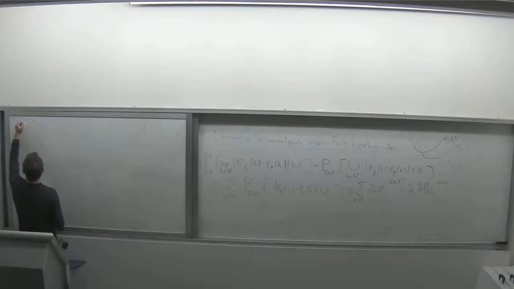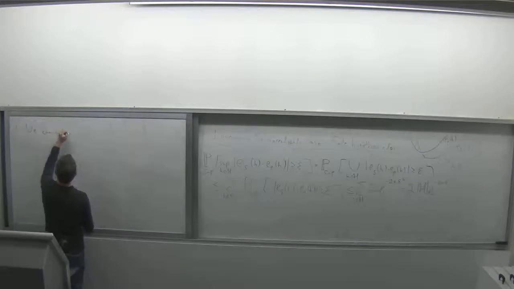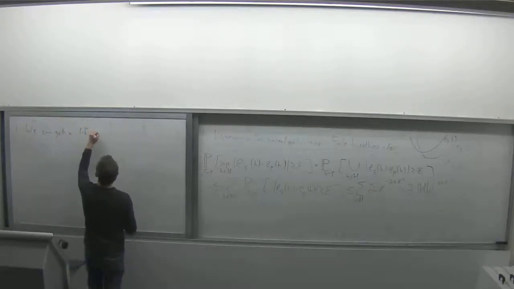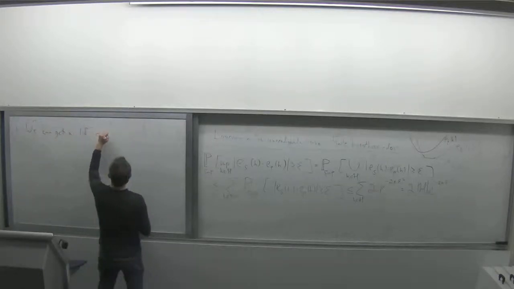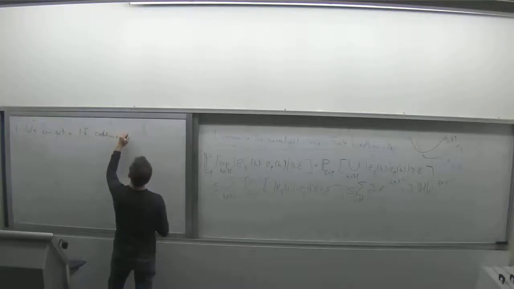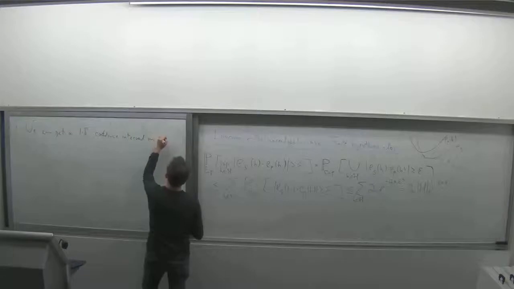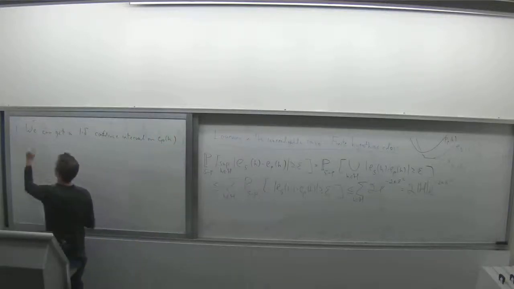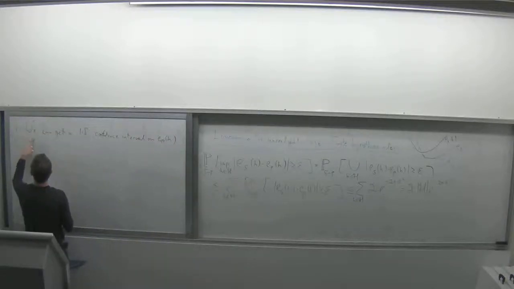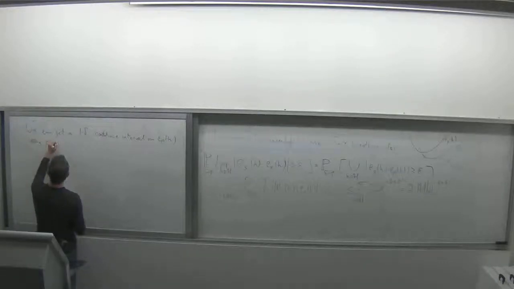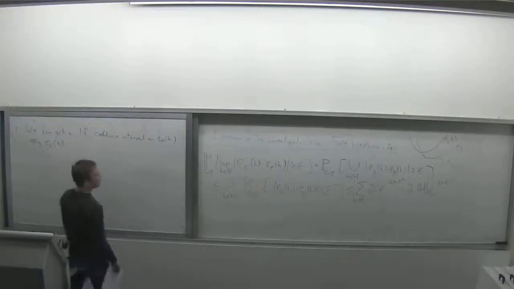So, things we deduce from this. We can get a 1 minus delta confidence interval on E_P(h) using E_S(h).